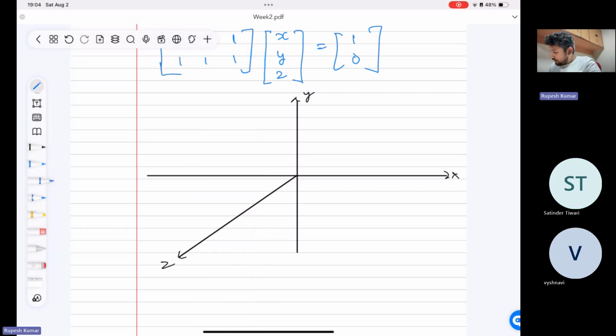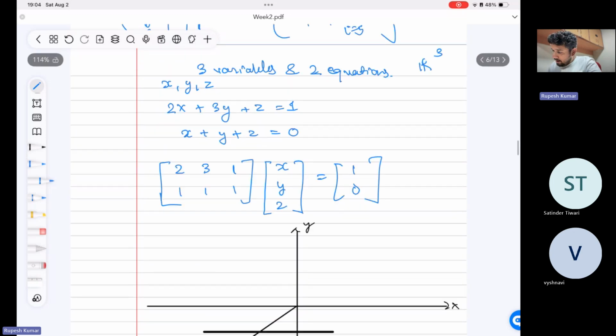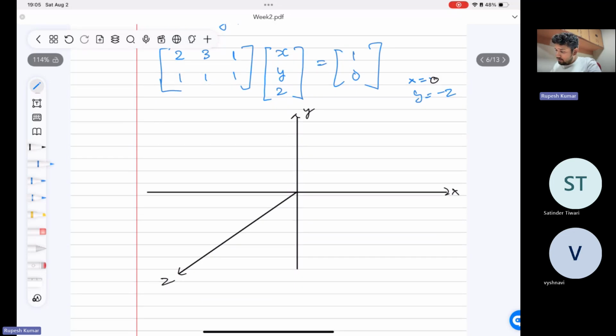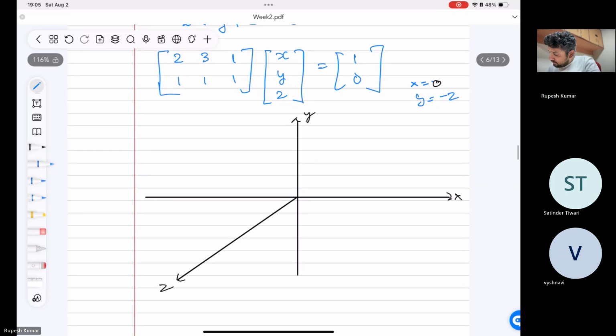Now, if you set x equals 0, you have y equals minus z. So for x equals 0, you have y equals minus z. In the yz plane, you have this relation, which looks like this.